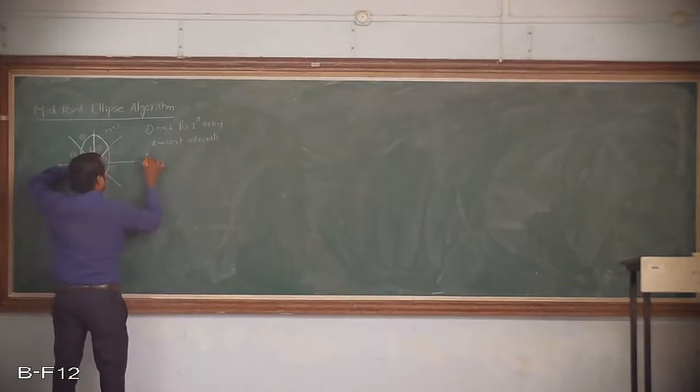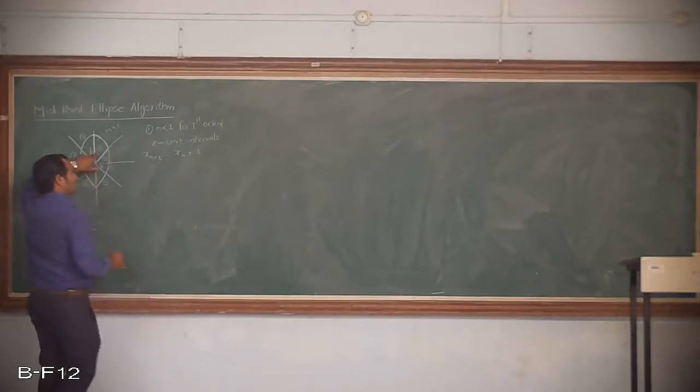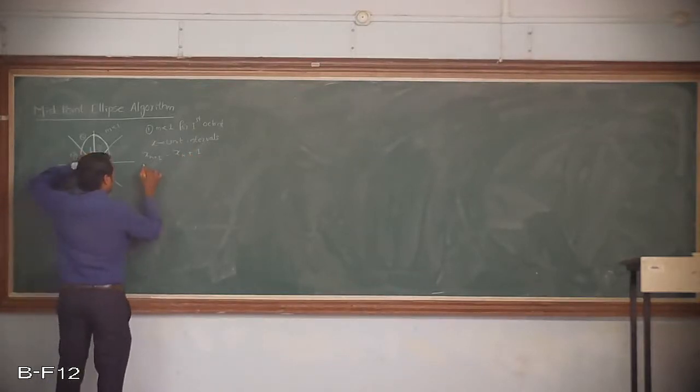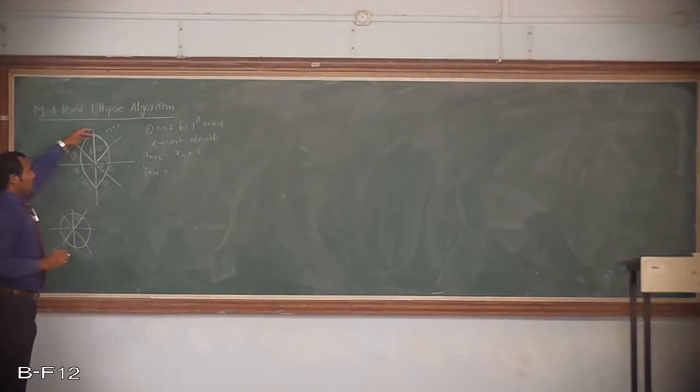The next x coordinate was xk plus 1. The next y coordinate was either yk or yk minus 1.